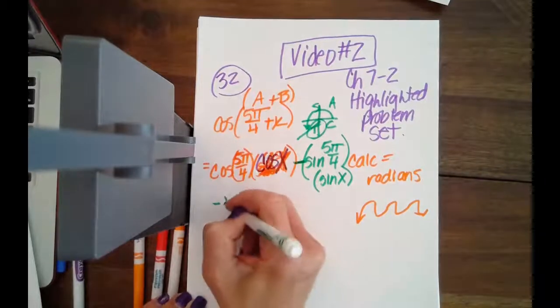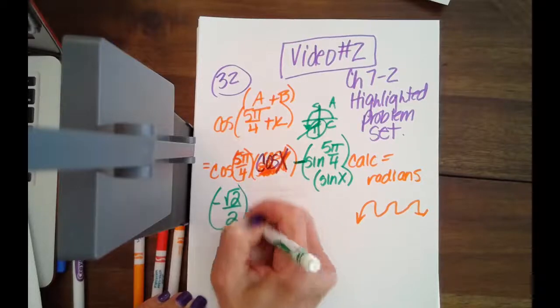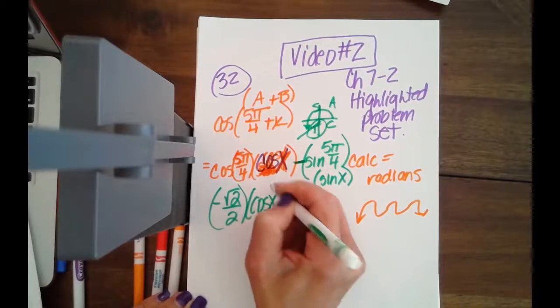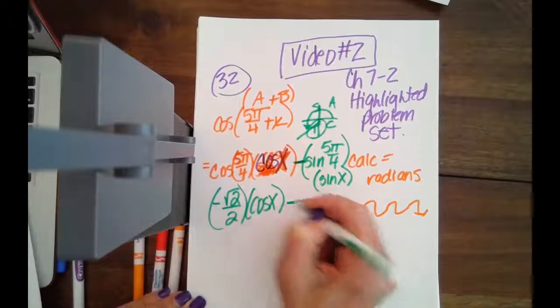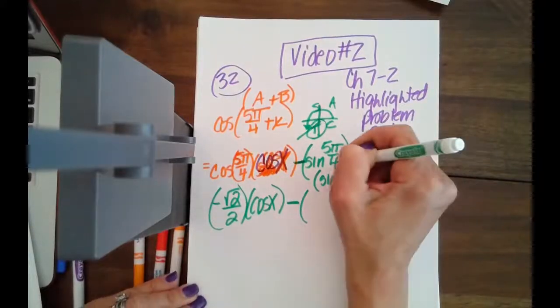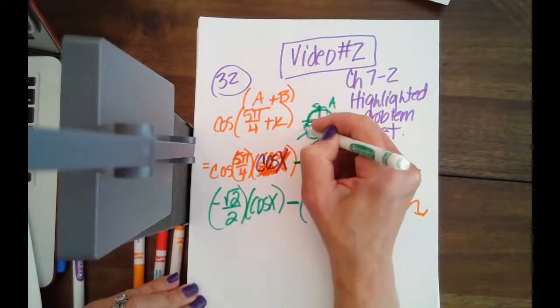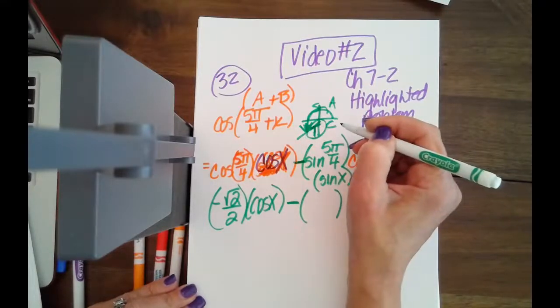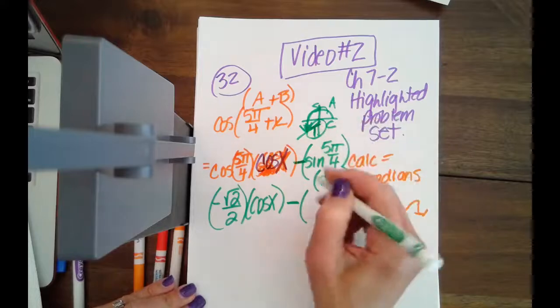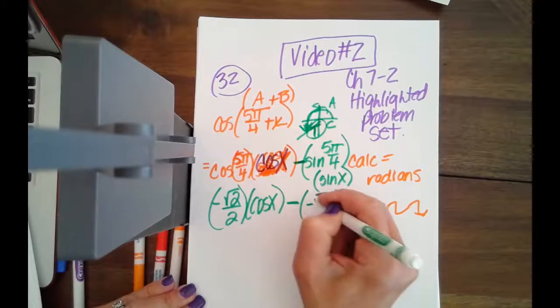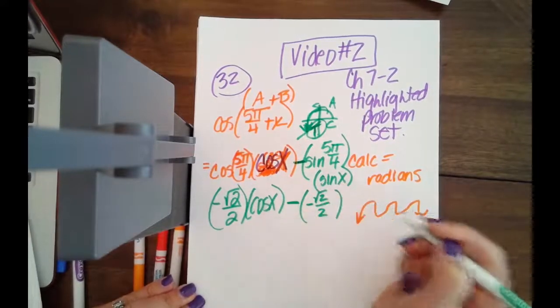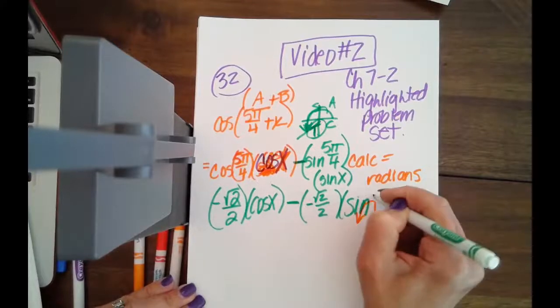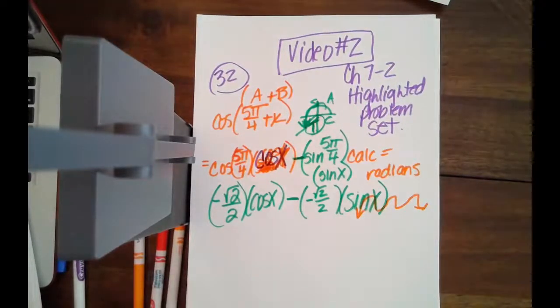So it's going to be negative radical 2 over 2 times the cosine of x, minus the sine of 5 pi over 4, which is also going to be in quadrant 3. The only thing positive is tangent, so sine will be negative. And you know, the pi over 4 family members have the exact same x's and y's. That's going to be times sine of x. So all we're going to do here is factor out the common factor.